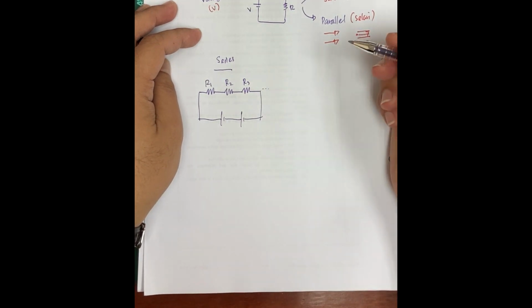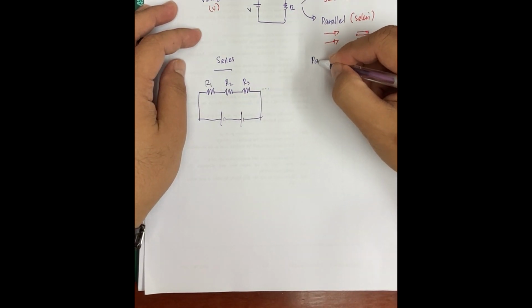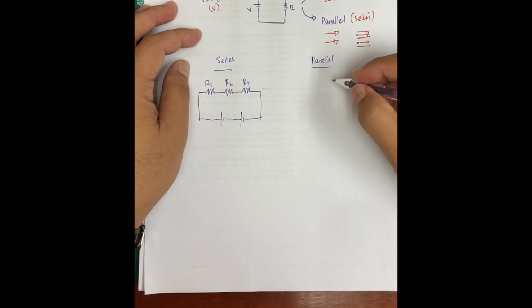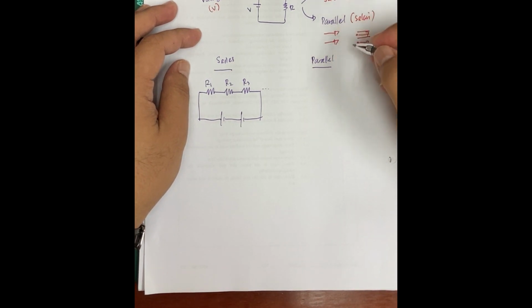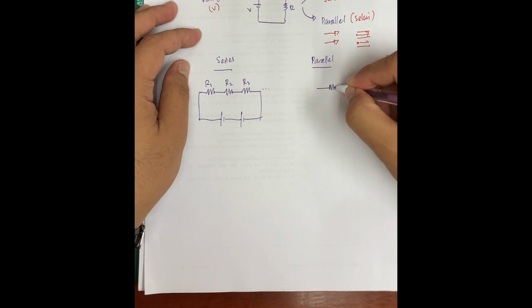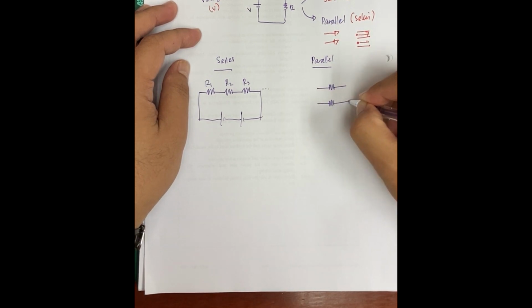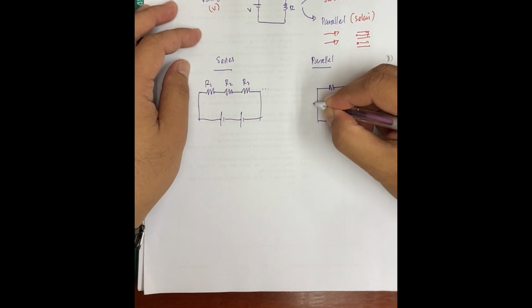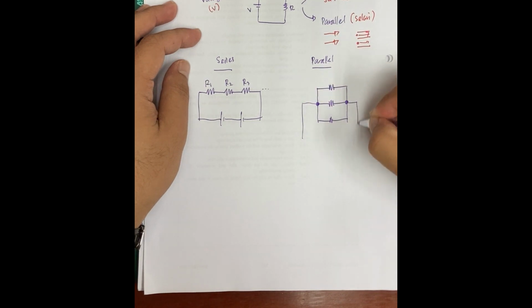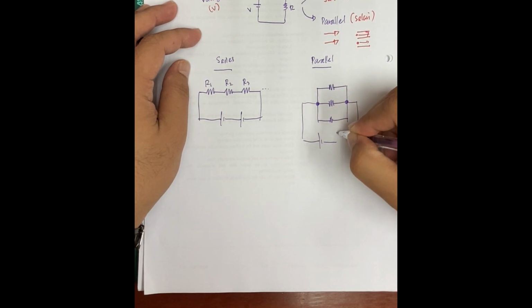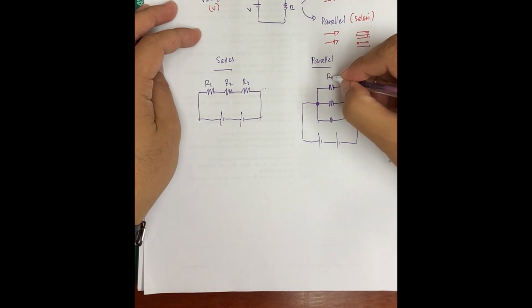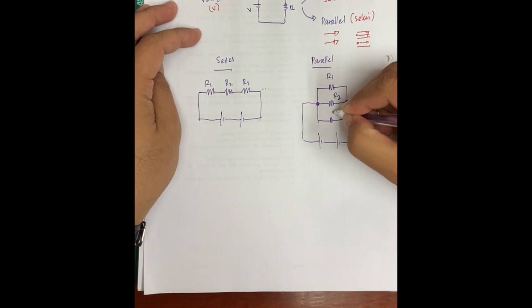Okay, done. And then for parallel, both things are going at the same time, meaning R1, R2 at the same time, R3 at the same time, connected through this power supply.